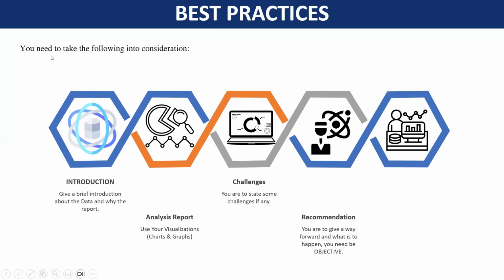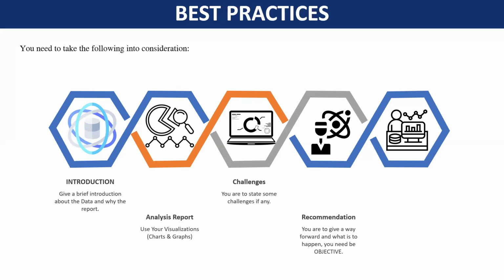Whenever you specify a challenge, make sure you complement it with a recommendation. If you have 10 challenges, you must have 10 recommendations. If you have 5 challenges, you must have 5 recommendations. Each challenge you mention, you must have a recommendation for it. That's how it works. Don't just bring challenges and fail to mention a recommendation for them.